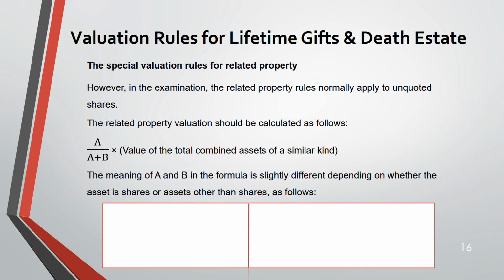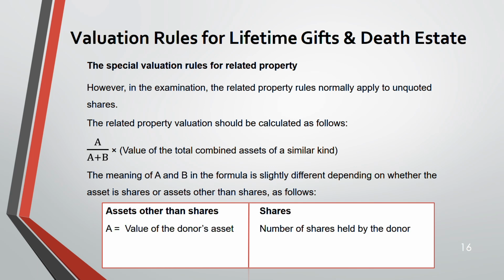So the meaning of A and B in the formula is slightly different depending on whether the asset is shares or assets other than shares. If it is assets, your A will be the value of the donor's asset. If it is shares, your A will be the number of shares held by the donor.